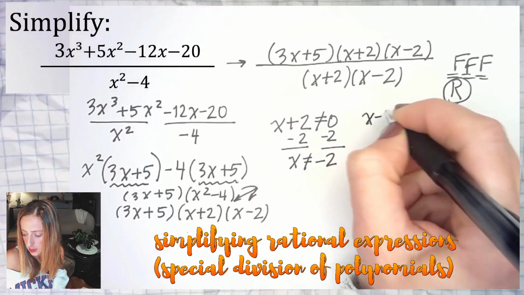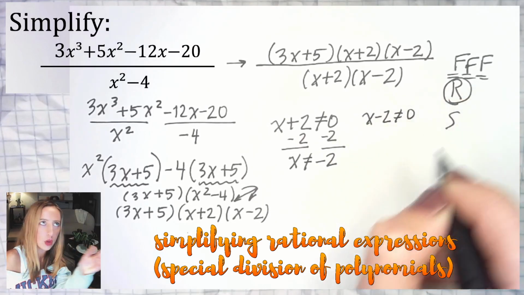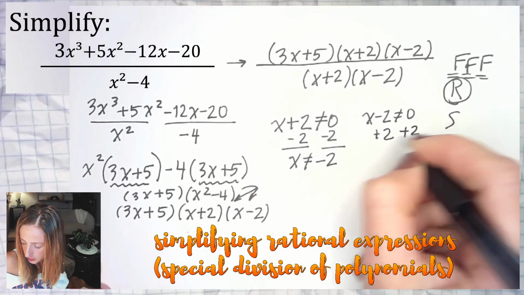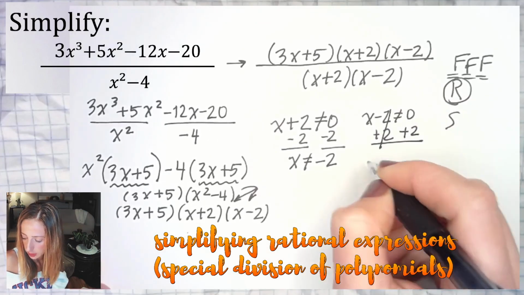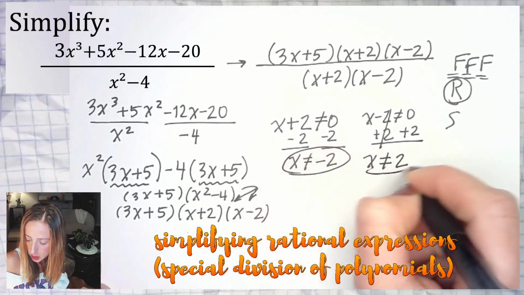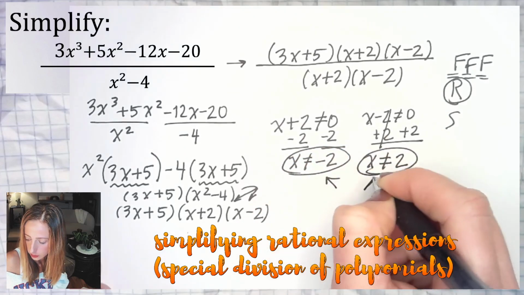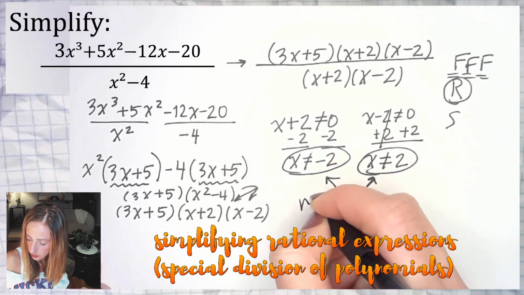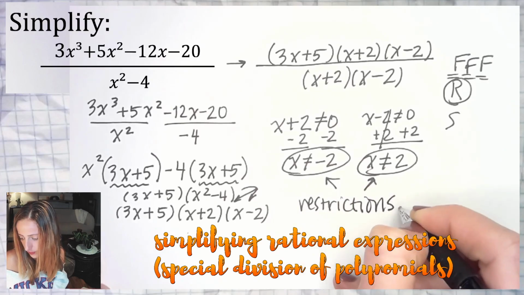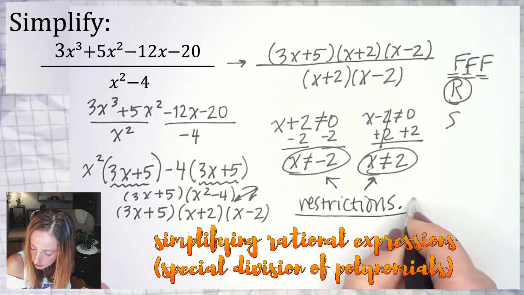Same idea there. X minus 2 cannot equal 0. Of course, the order doesn't matter. Multiplication is commutative. Should be self-explanatory at this point, right? That right there is gone. X cannot equal 2. So these are my 2 restrictions. Even if a question is not asking you for restrictions, state them, okay?